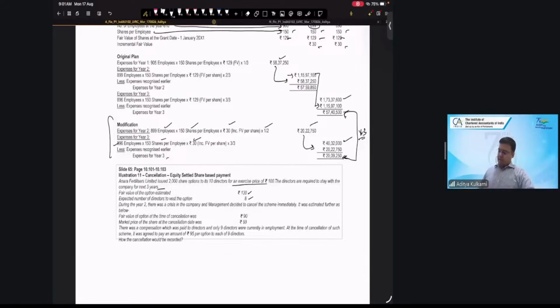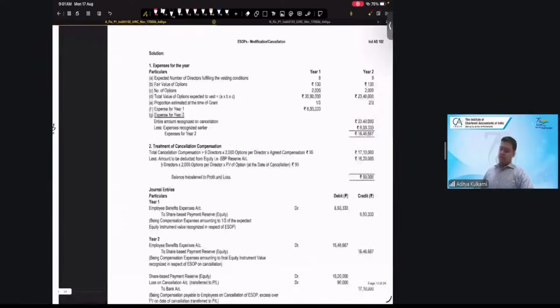It was estimated further as below. Fair value at the time of cancellation was 90. Market price was 99. There was a compensation paid to directors and only 9 directors were currently in employment. At the time of cancellation, it was agreed to pay an amount of 95 rupees per option to each of the 9 directors. How would the cancellation be recorded?